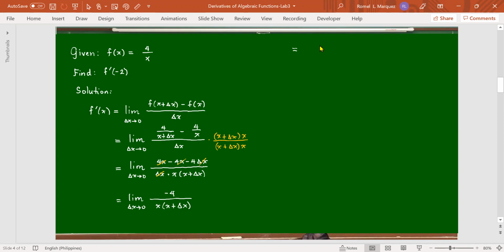So that is negative 4 over x plus 0. This is equal to what? Negative 4 over x squared. So that's the derivative. But what's the value of this derivative when x is negative 2?